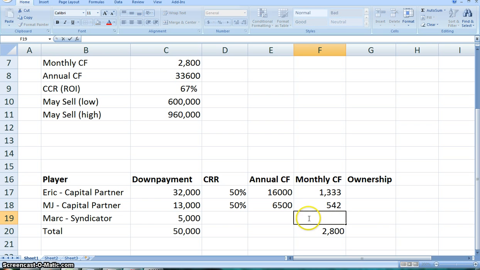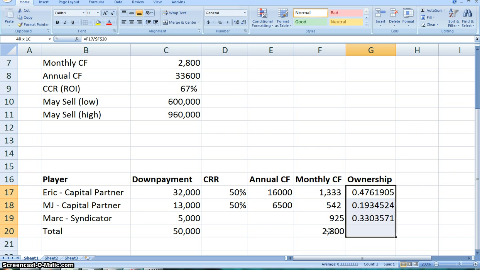To calculate how much I would be getting monthly, it's $2,800 as the total, minus the $1,333 that Eric gets, and minus the $542 that MJ gets. That gives me $925. To calculate the ownership percentage, we simply take their monthly cash flow and divide it by the total cash flow. We can do that for everyone here. So Eric's getting about 48%, MJ's 19%, I'm 33%, and that totals 100%.